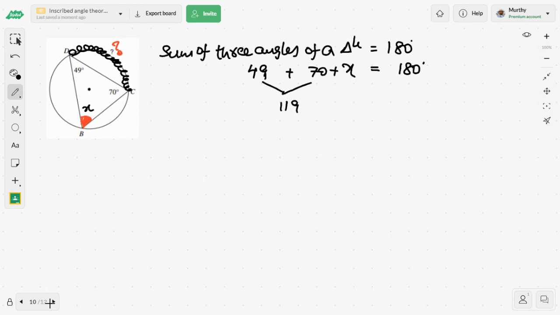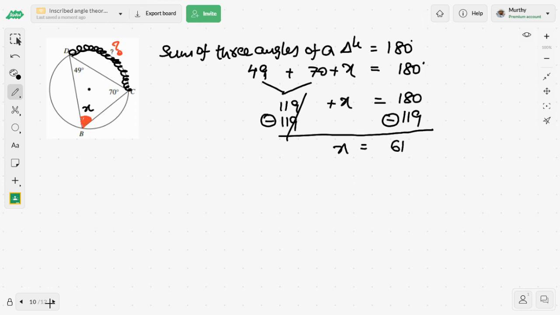Correct me if I'm wrong. Plus x equals 180, and take away 119 on both sides. You know how to isolate x. So the value of x equals 61.